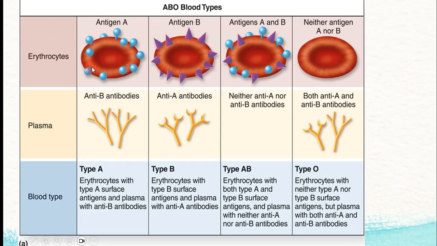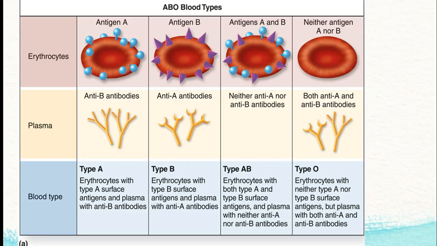So type A blood has these little markers on it showing a surface antigen called antigen A. All right? Your body will make antibodies not against itself, but against B. So notice a little triangular shape would fit right into there.